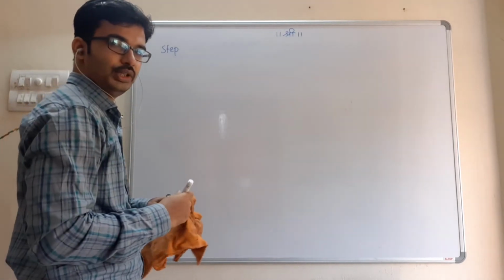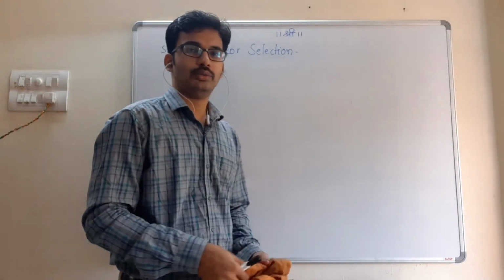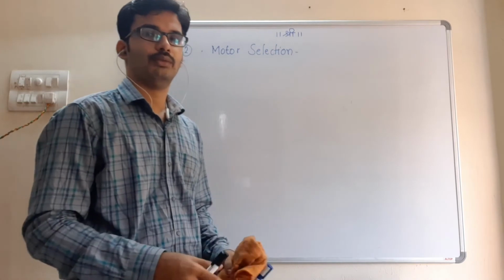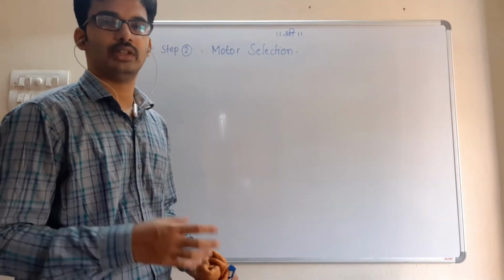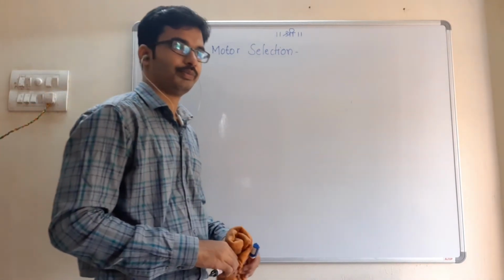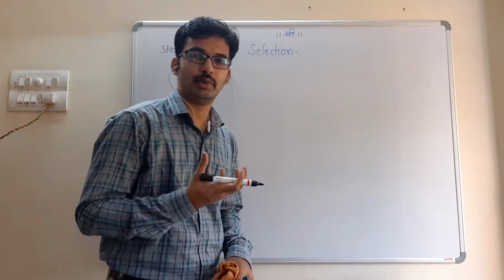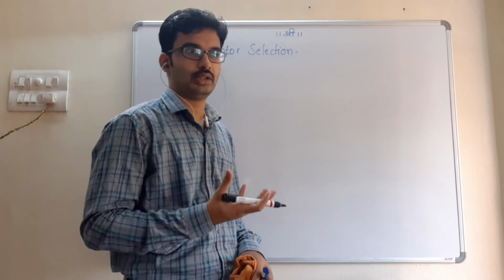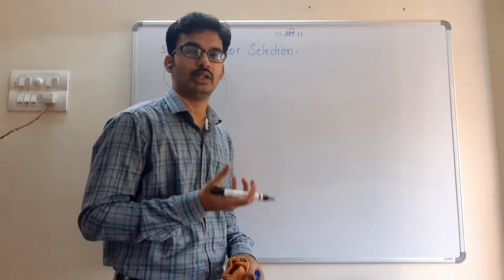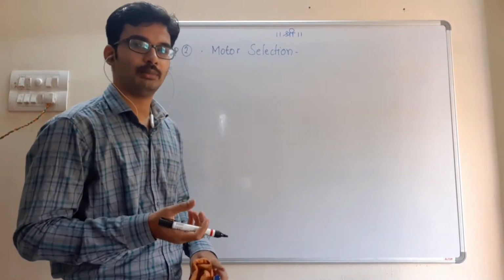Now step 2 is motor selection. For motor selection, we must know the tension on the belt drive. Once we calculate the total tension, based on the tension on the belt we have to select a motor to drive that belt.